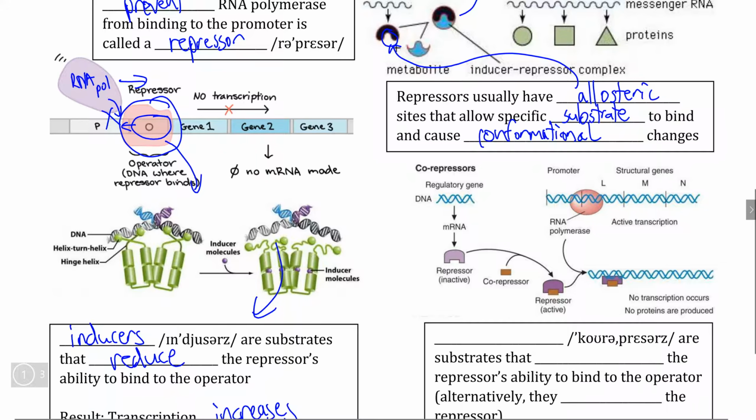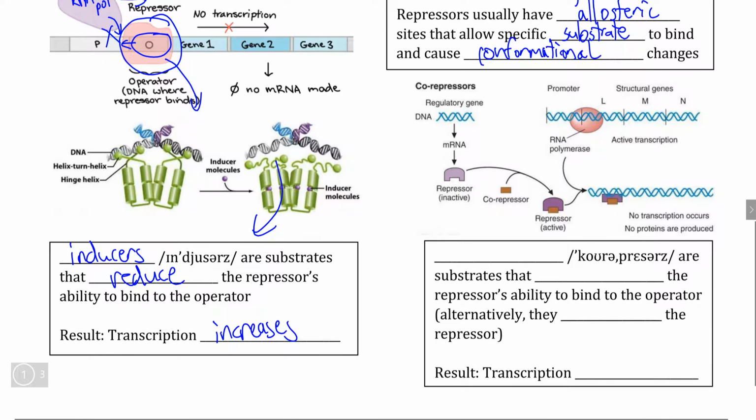completely uninhibited as normal. Now, the opposite situation is when we have a compound that we call a co-repressor.